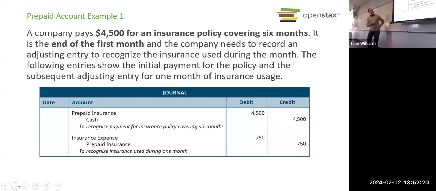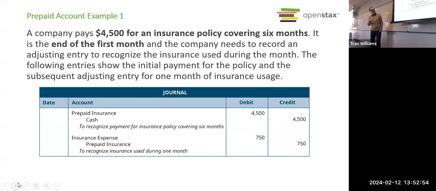Okay, I'll go a little quicker on some of these other ones. So we paid $4,500 for insurance for 6 months. And at the end of the month, we've now used 1 month worth of insurance, right? So here's the original purchase where we bought the insurance. And what is 4,500 divided by 6? It's $750, right? So after 1 month of this 6-month policy, we've now used $750 of that insurance.